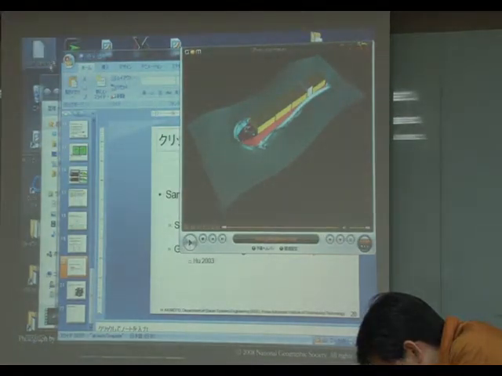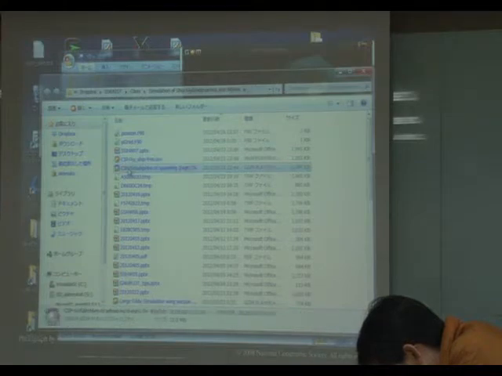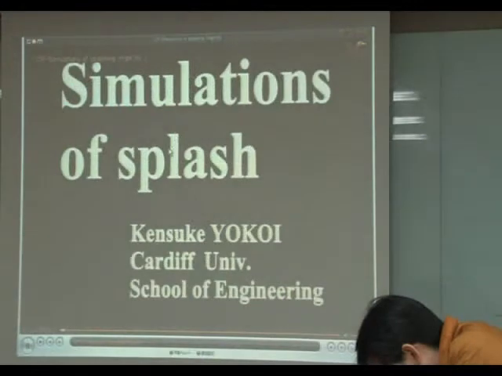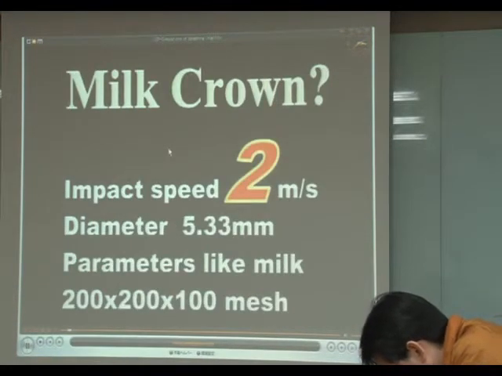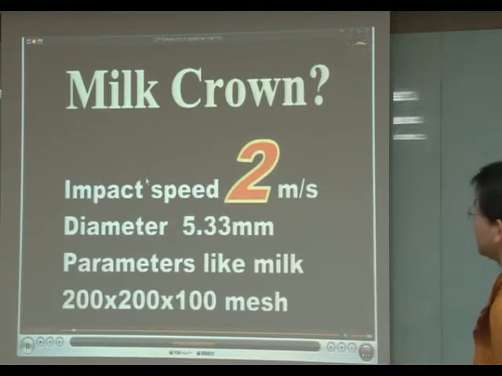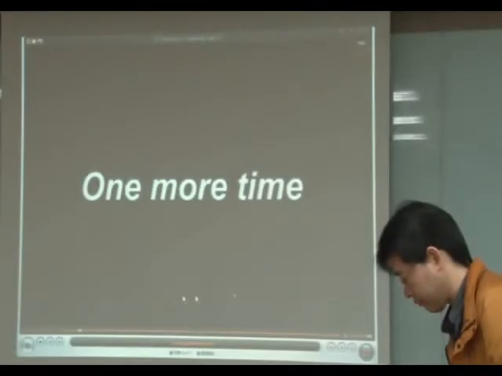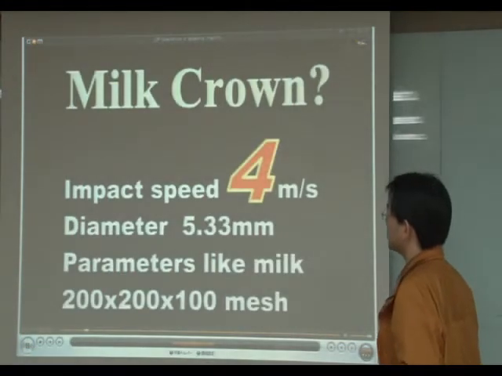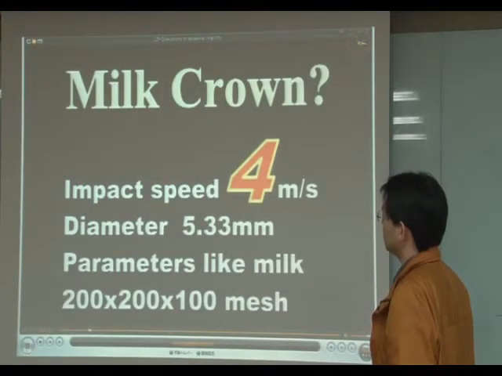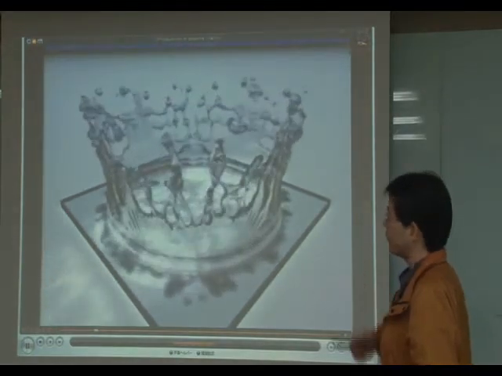One more example is... this shows a milk crown simulation. This is based on the CIP method. This is a result of the simulation, not the experiment.